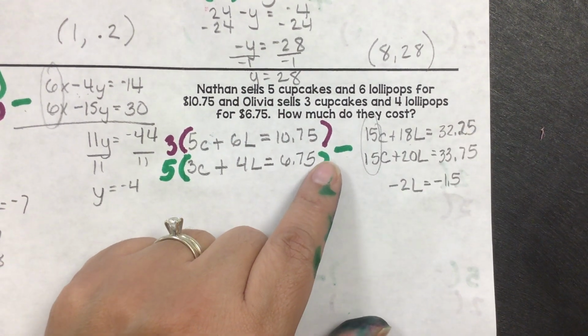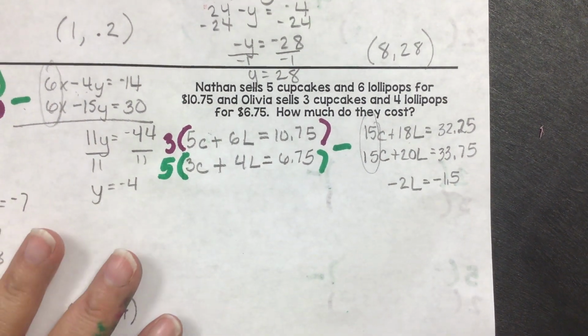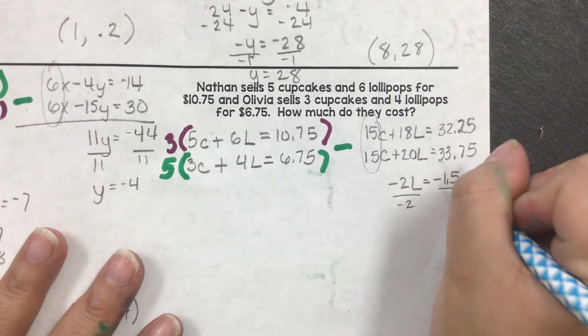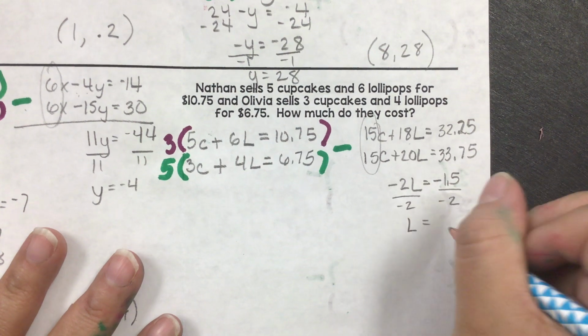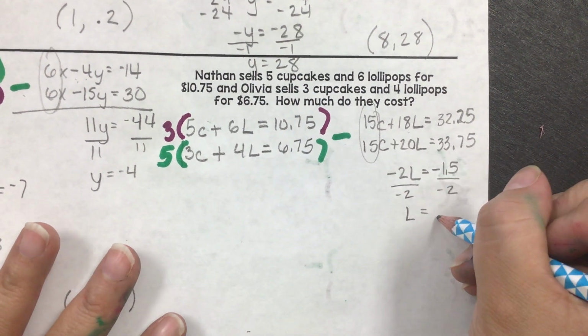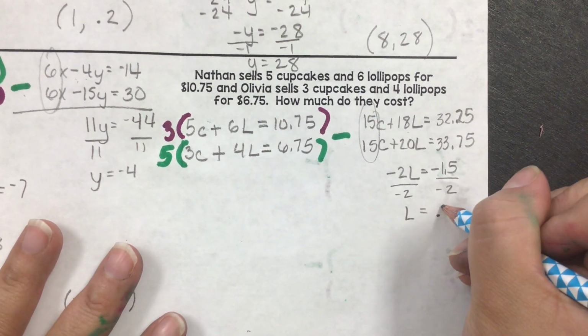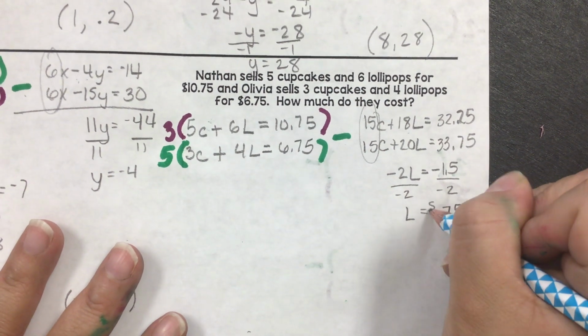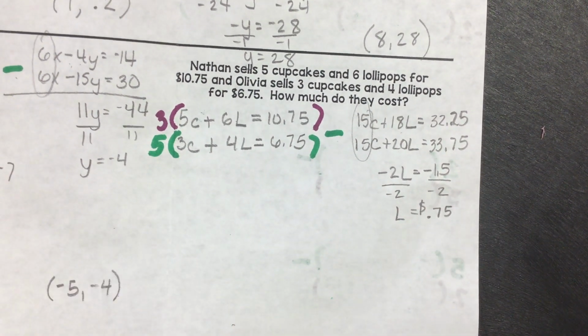Now what are we going to do? Divide by negative 2. L is equal to, it should be a positive 0.75 because that's 75 cents. That is one lollipop.